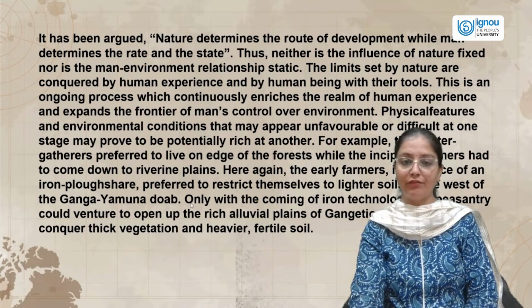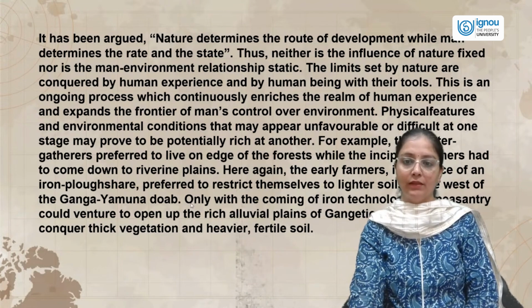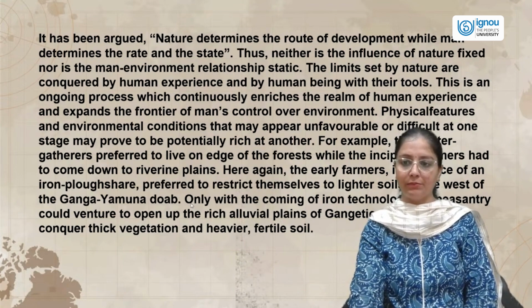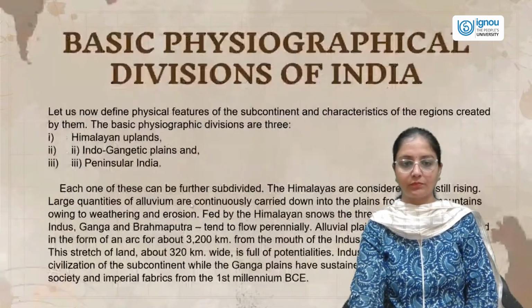That is the main difference between the farmers and the tribal hunter-gatherers. Here again, the early farmers, in the absence of iron plowshare, preferred to restrict themselves to lighter soils to the west of the Ganga-Yamuna Doab.